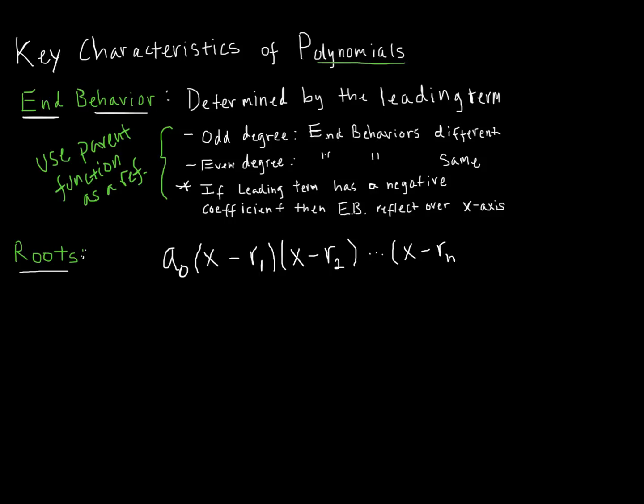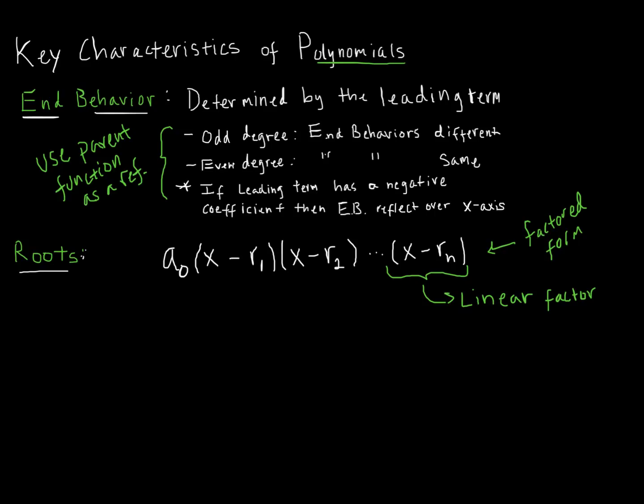And if you had n linear factors here, and I've written this dot dot dot to say that you could have as many as you want, that would mean that you'll have x times itself n times, which would give you an x to the n as the exponent. So this is factored form. And when we're looking for the roots, what we're doing is we're setting the function equal to 0. So in setting the function equal to 0, what are we going to notice? Think about that for a second.